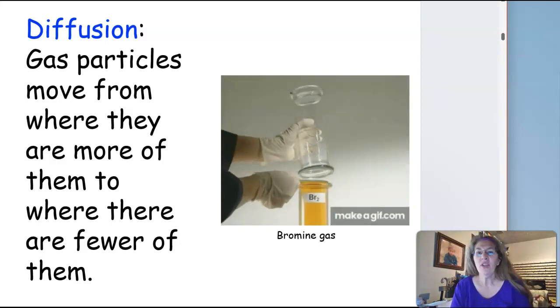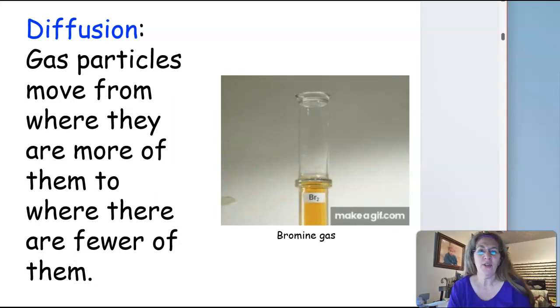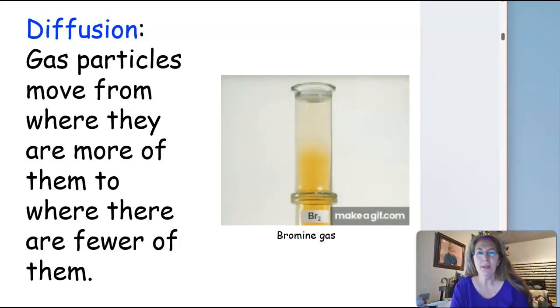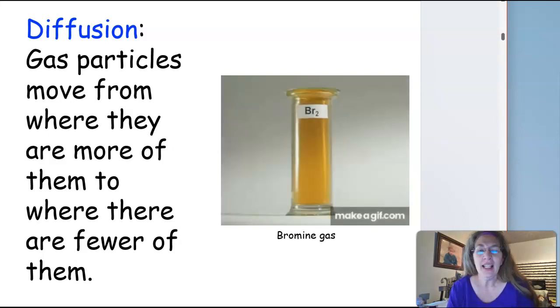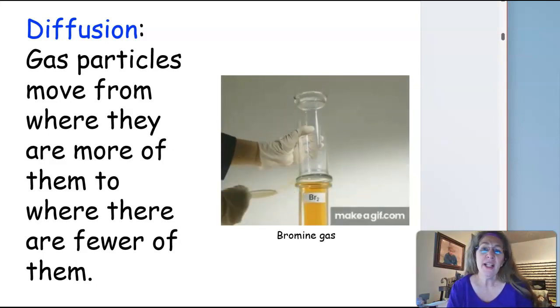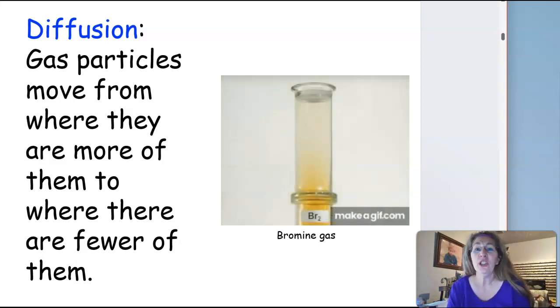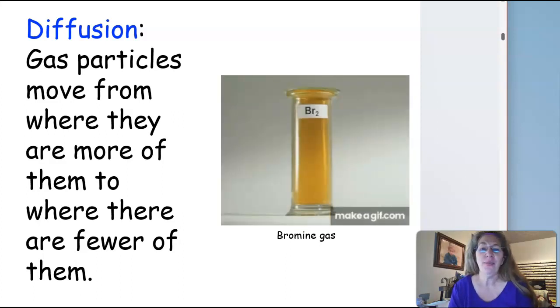Eventually, the smell of vanilla would fill the entire classroom because the gas of that smell is going to keep bouncing around the classroom. And it's going to go from the high concentration within the vanilla bottle to the lower concentration, which would be the air in our classroom.